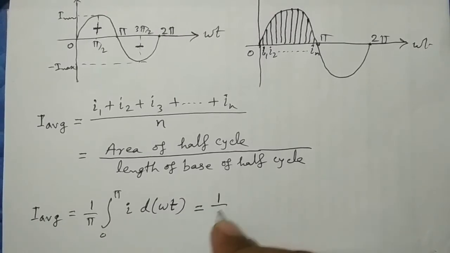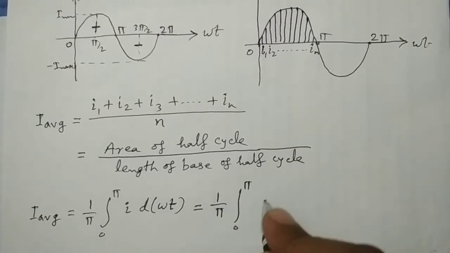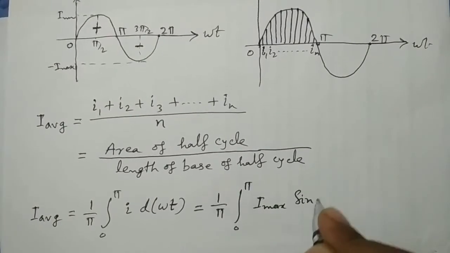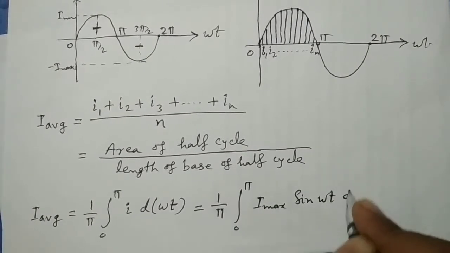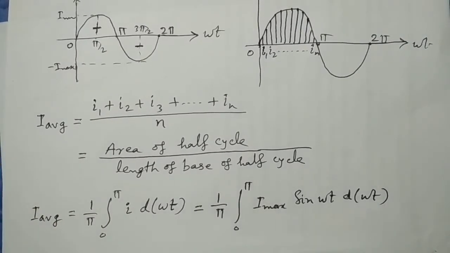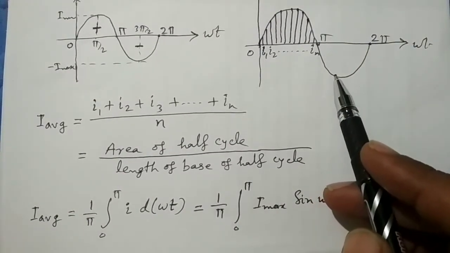It can be further written as integral 0 to pi, and instead of i, we can write I max sine omega t d omega t. So if we solve this, we'll get the average value for this symmetrical sinusoidal waveform.